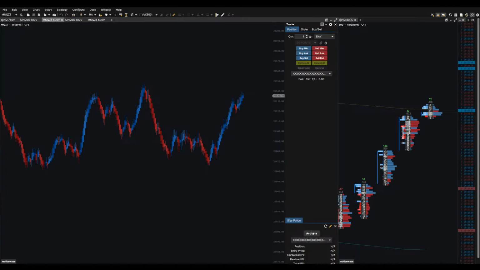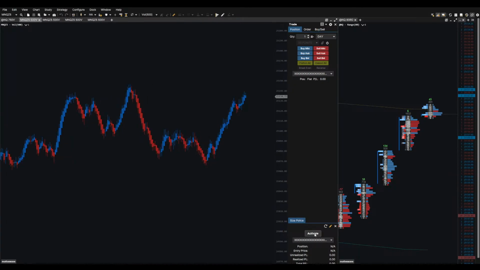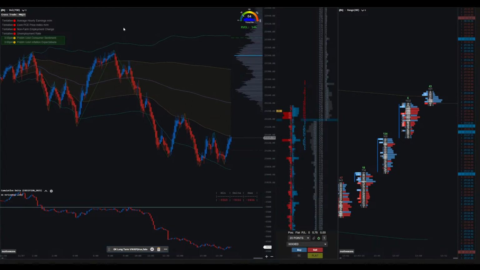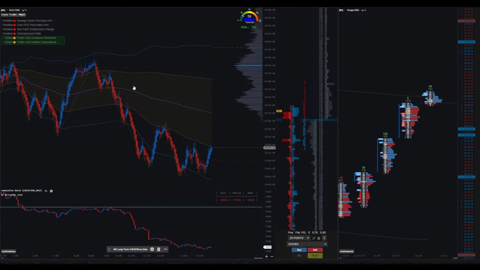As you notice here, autoscale price only is selected. Click OK. Now what that means is that if we were to draw any components above or below price, those will not be taken into consideration when autoscaling. So let's turn autoscale off.